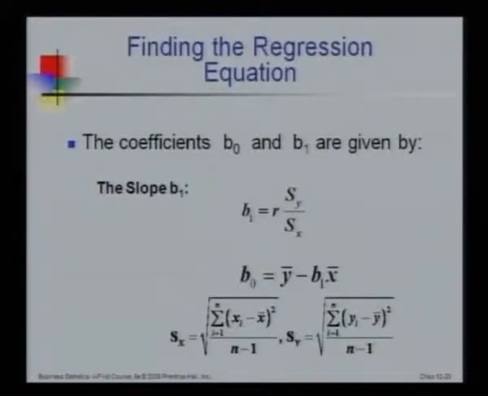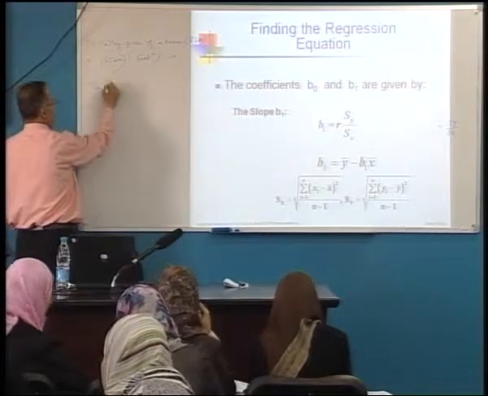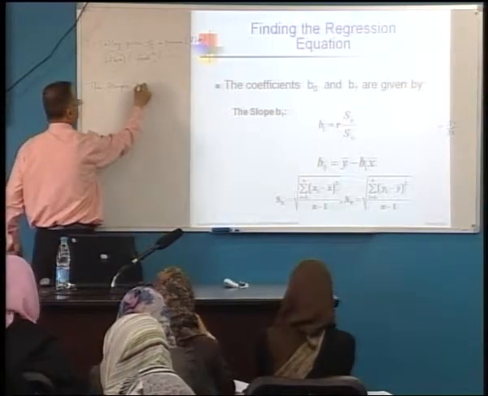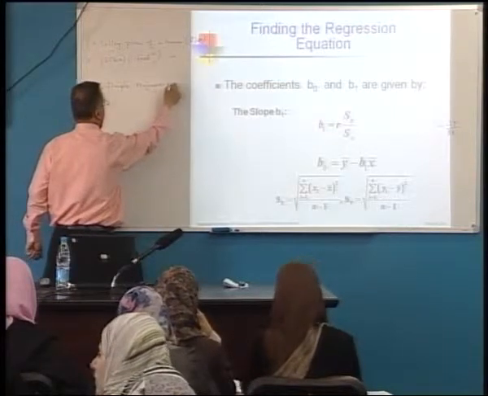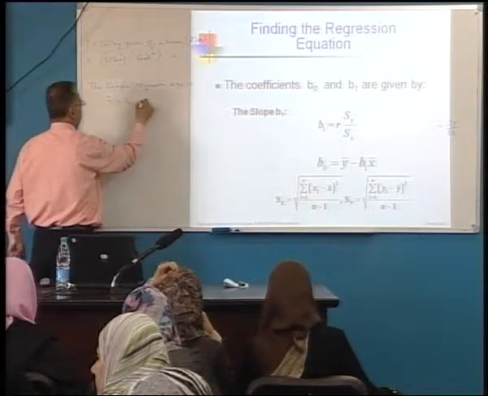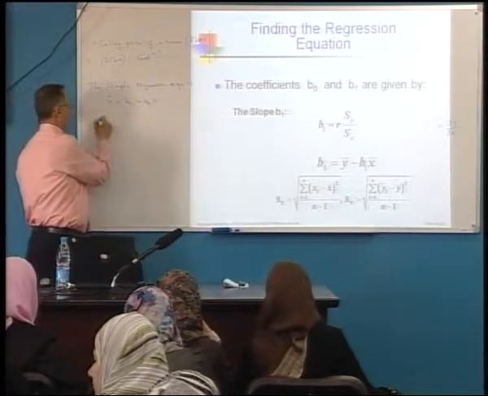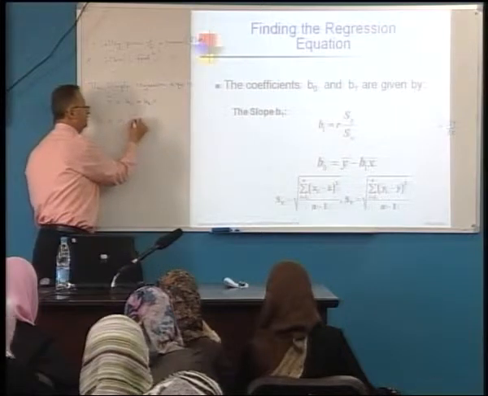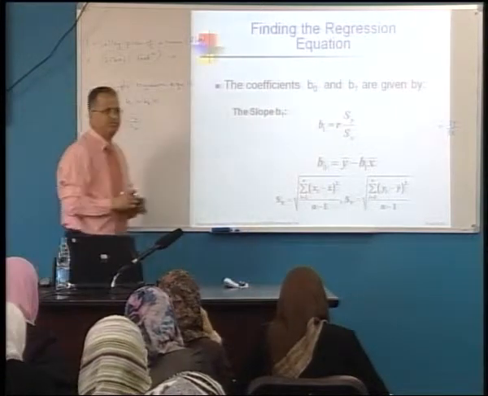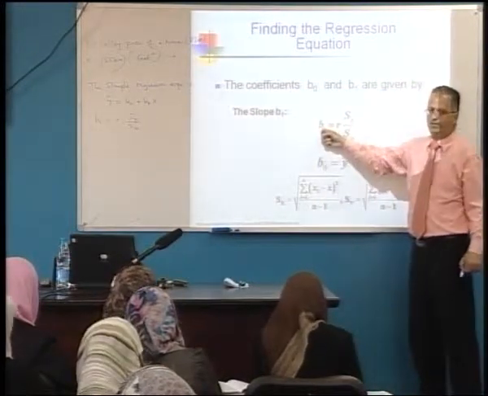Now these coefficients, b0 and b1, can be computed by the following equations. So the regression equation is given by y hat equals b0 plus b1 x. The slope b1 is r times the standard deviation of y divided by the standard deviation of x. This is the simplest equation to determine the value of the slope.